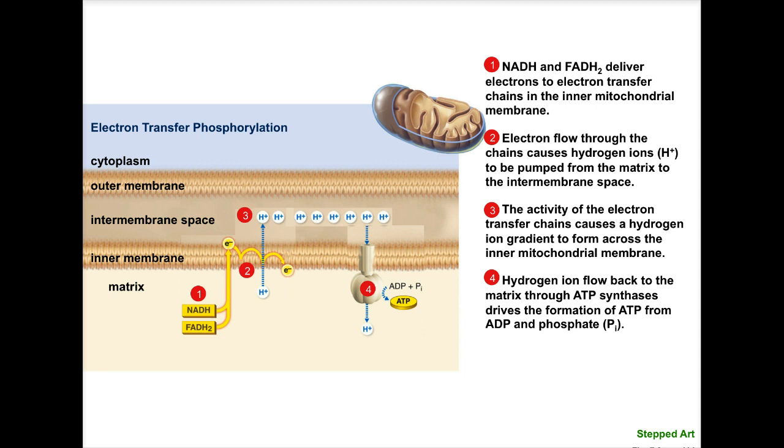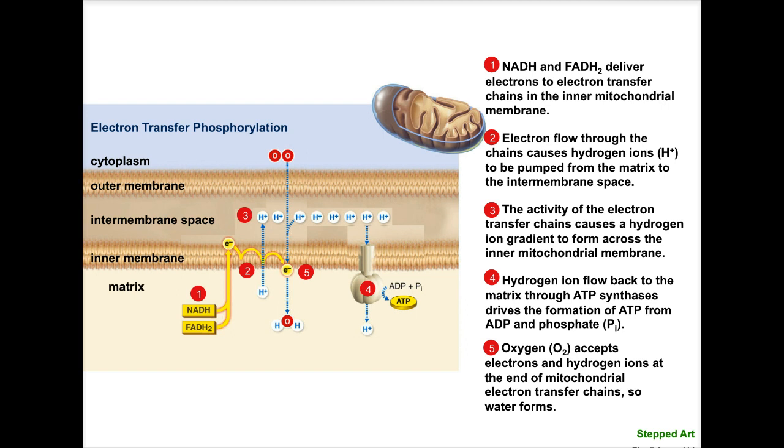The hydrogen ion gradient drives that enzyme to use energy to join an inorganic phosphate to ADP, forming ATP. The hydrogen ions will then combine with oxygen as our final electron acceptor, forming what we know as metabolic water.